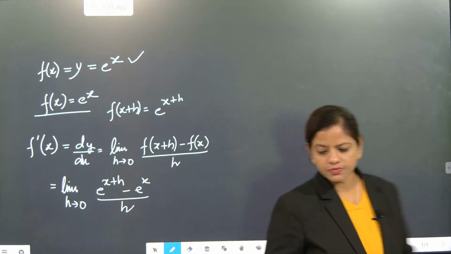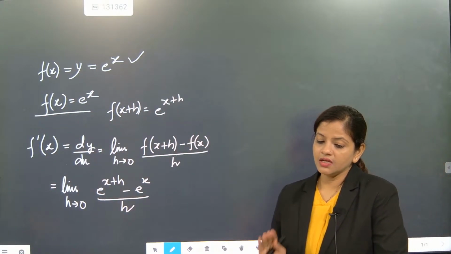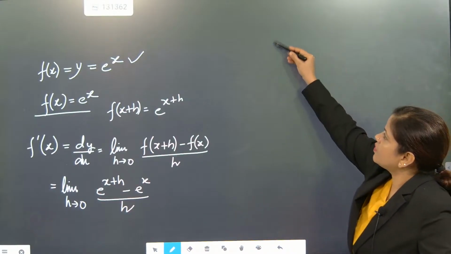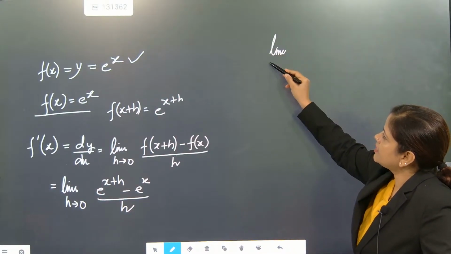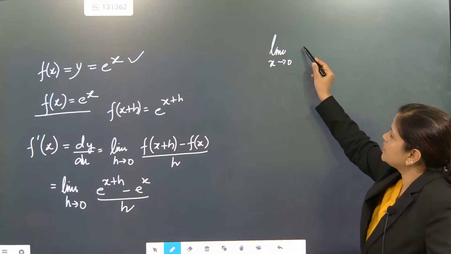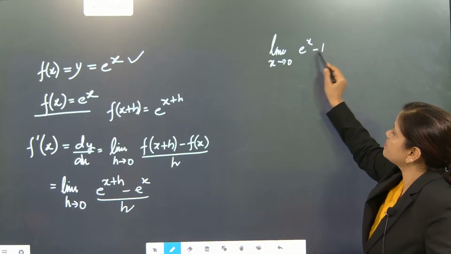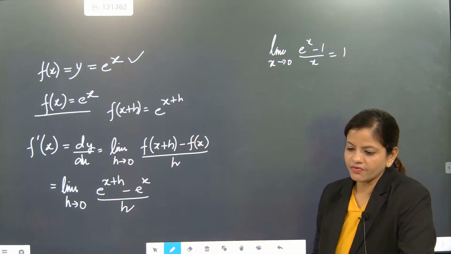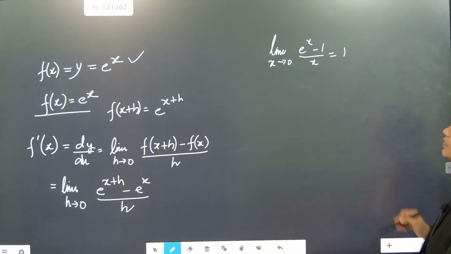Okay, so this is the most important part. We learned one formula. If you remember, our limit formula was limit x tends to 0, e to the power x minus 1 by x equal to 1. Now how to use that?